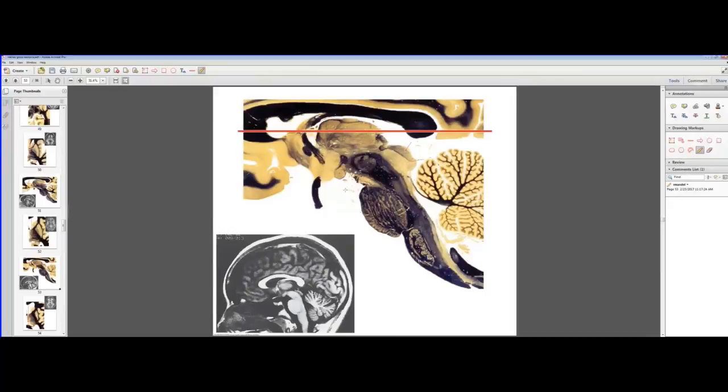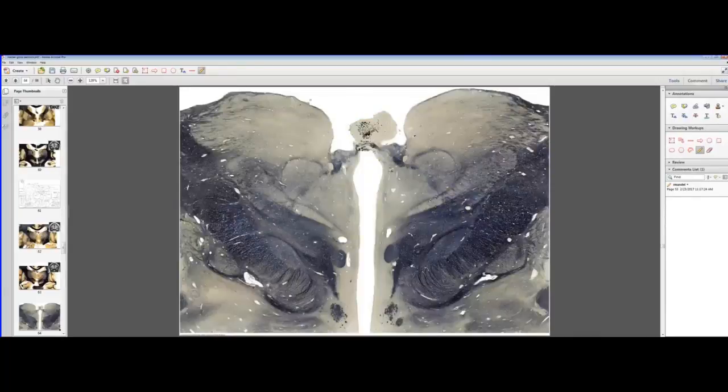See what else I could show you. Really about it. So this is an oblique section from Haynes. So it's actually quite dorsal here, but very ventral here.